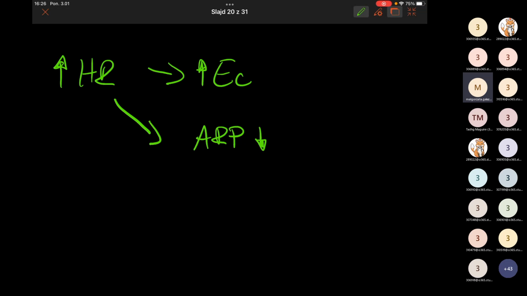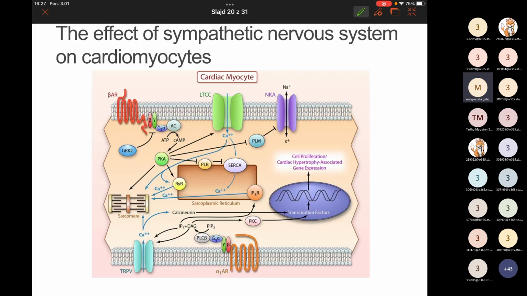If we only increase the frequency of action potential generation, the heart rate may not change because of a very long absolute refractory period in the cardiomyocytes. So, as I said, beta-1 receptors are also present in the cell membrane of cardiomyocytes, and they are also Gs-coupled receptors.